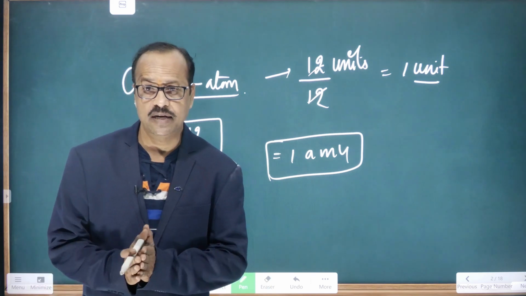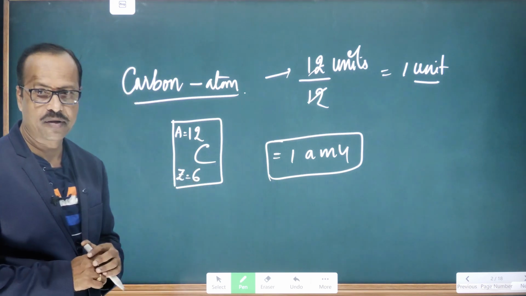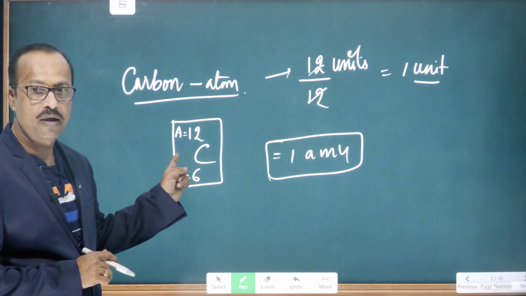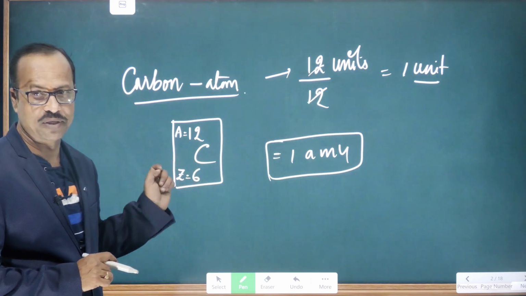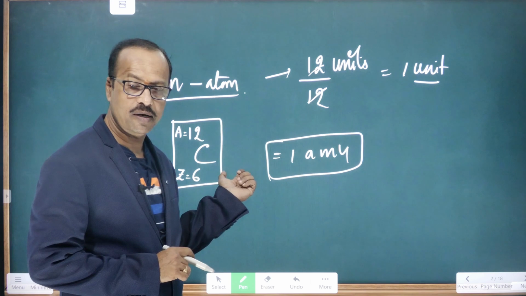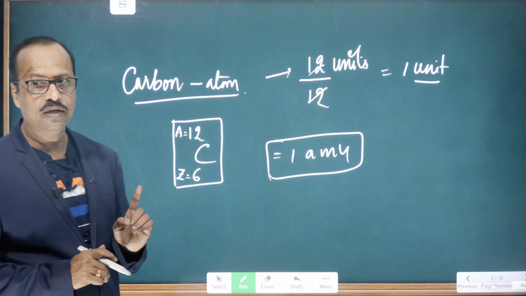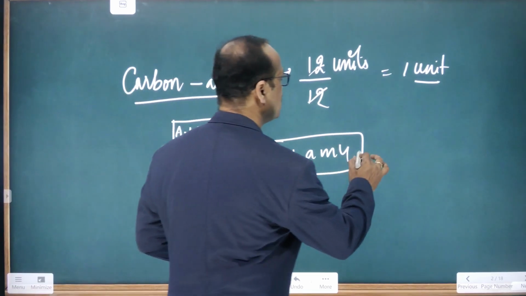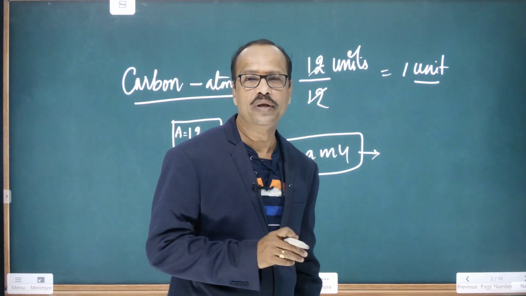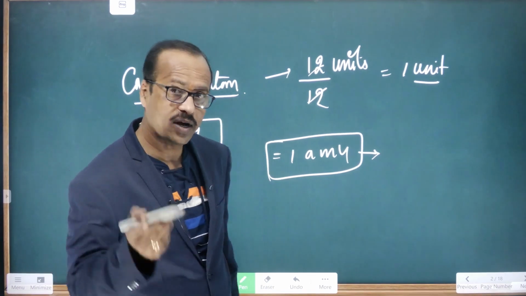The standard is the carbon atom, C-12, and this isotope's mass is taken as 12 units. If we divide the mass of this carbon by 12, we get 1 AMU. In terms of this 1 AMU, we can compare the mass of other elements.